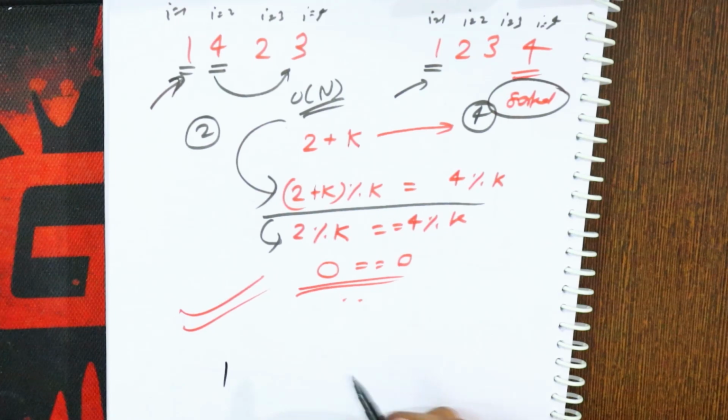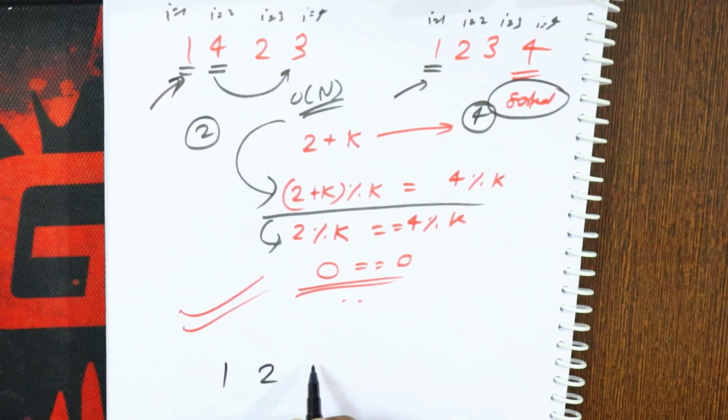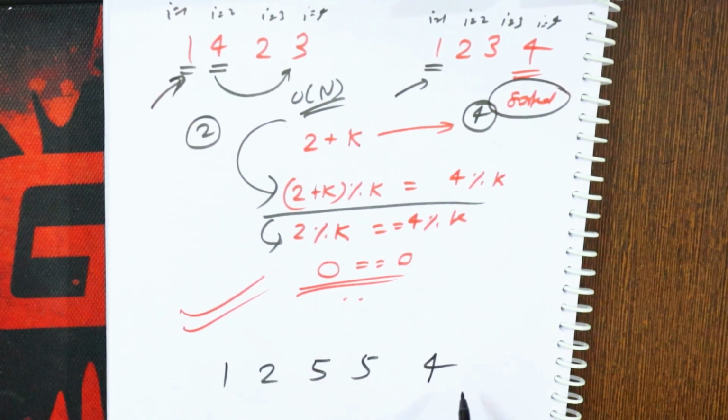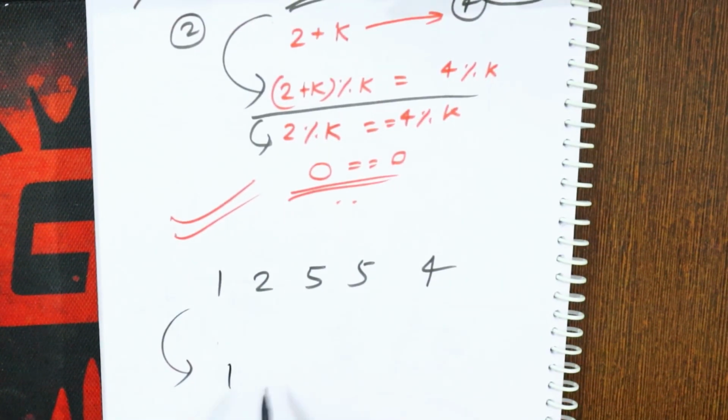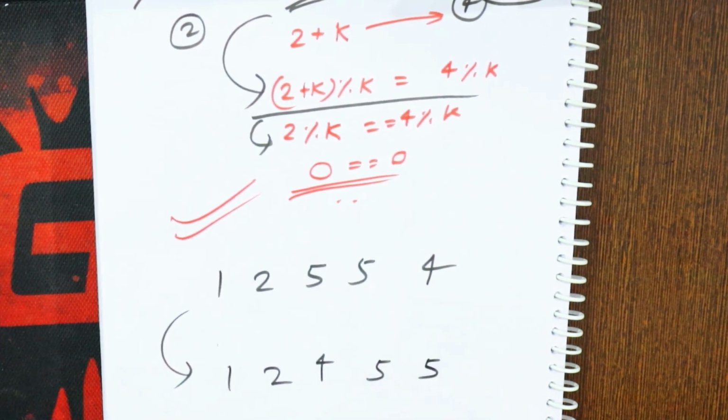See, if I have elements like 1, 2, 5, 5 and 4. When I sort it, I will get 1, 2, 4, 5 and 5.